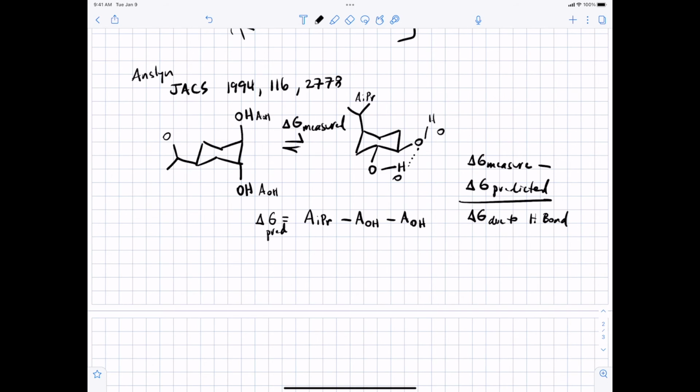And people have been interested in measuring strength of hydrogen bonds for a long time. This was an early way to do it. There's a lot more ways to do it, which we can talk about another time.